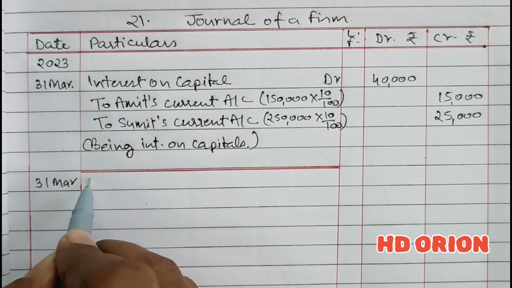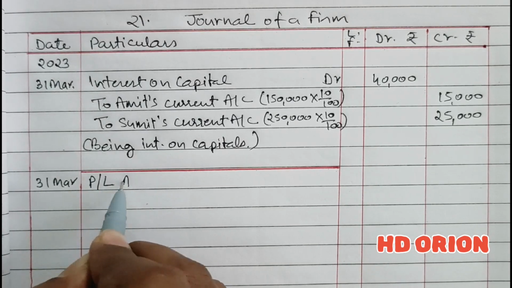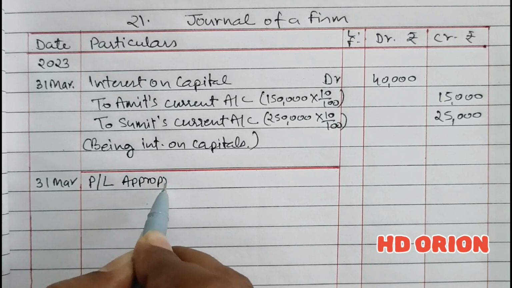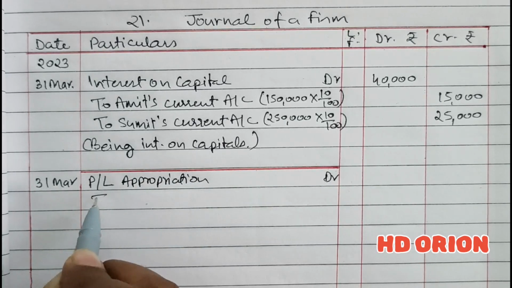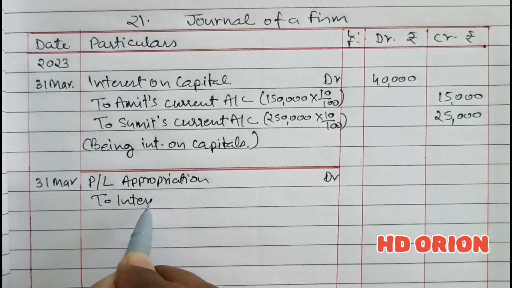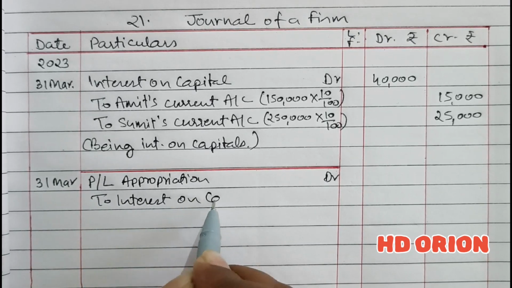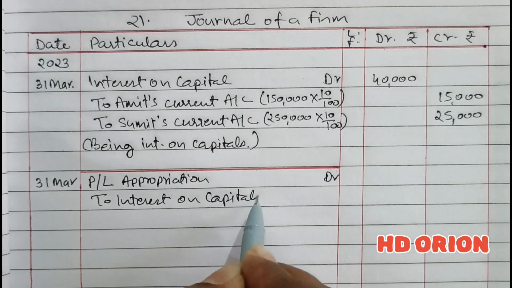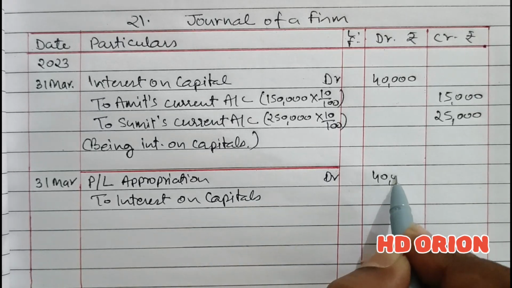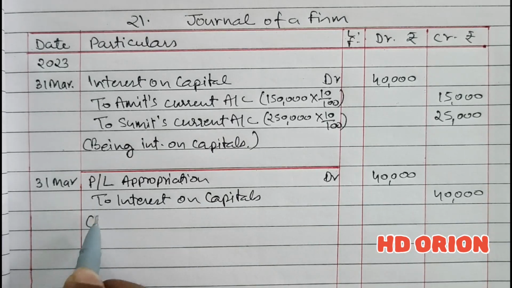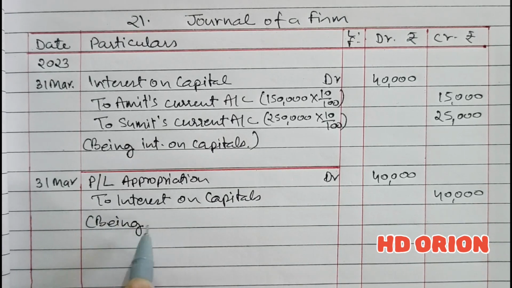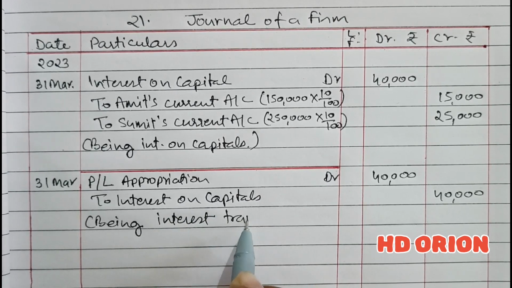So profit and loss appropriation account debited to interest on capital, rupees 40,000. Being interest transferred.